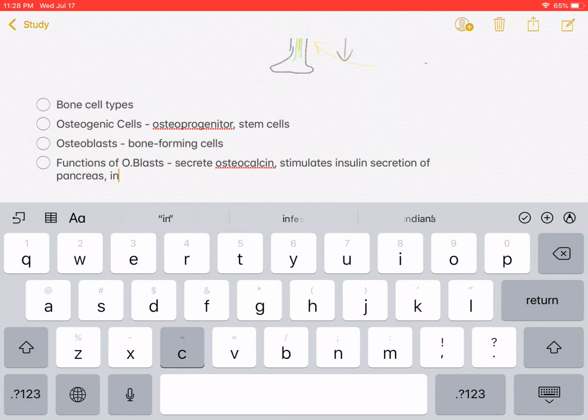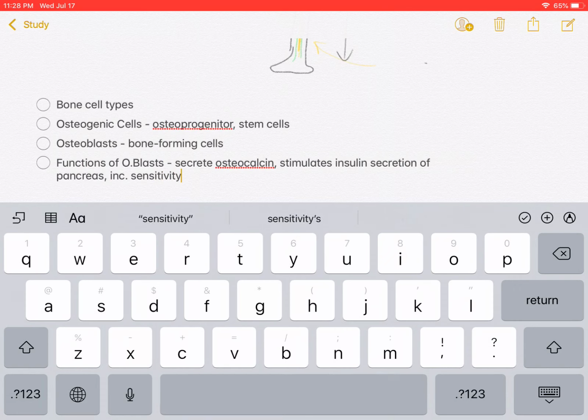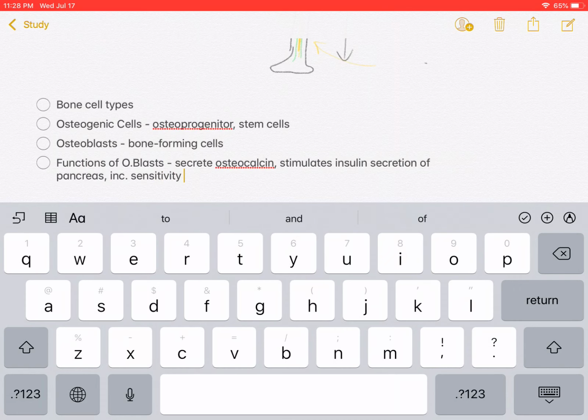You're going to put increase insulin sensitivity in adipocytes. I'm going to leave it there with the adipocytes.